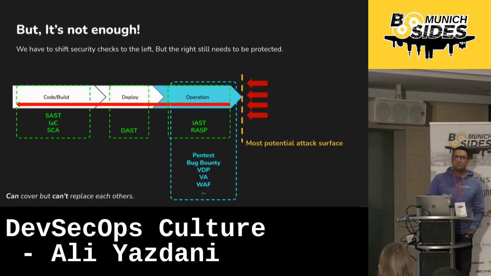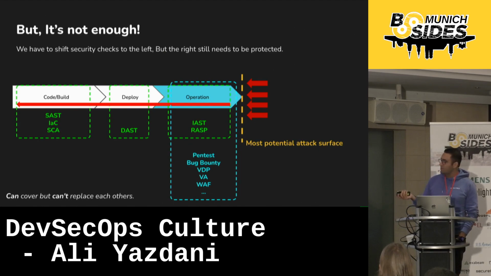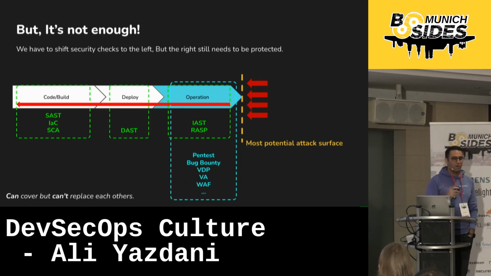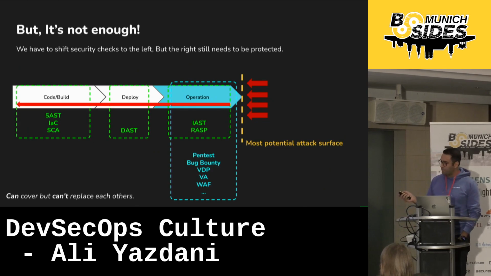I also see a lot of non-security experts saying, okay, we have SAST, why do we need DAST? We have a pentest, why do we need a bug bounty? Or we have a bug bounty, why do we need a pentest? And as security experts, all of us are sure that each of them has a different reason, because they can cover, but they cannot replace each other.